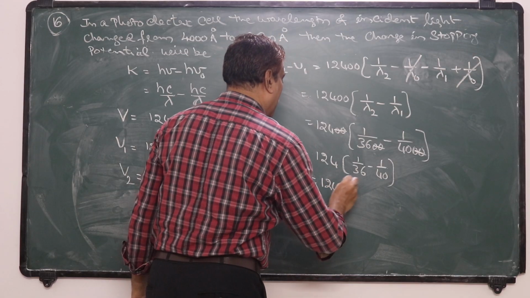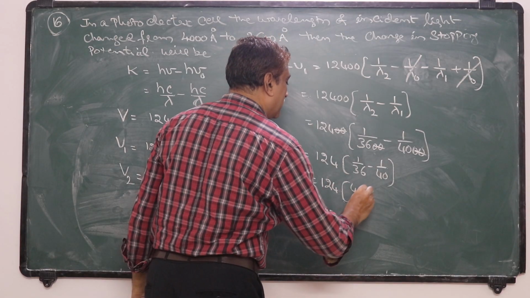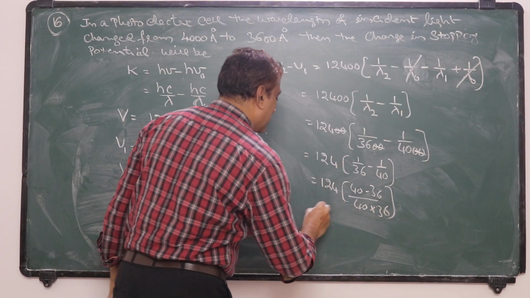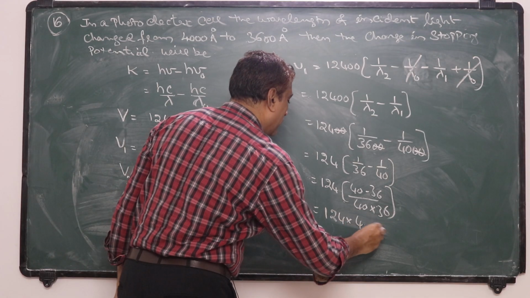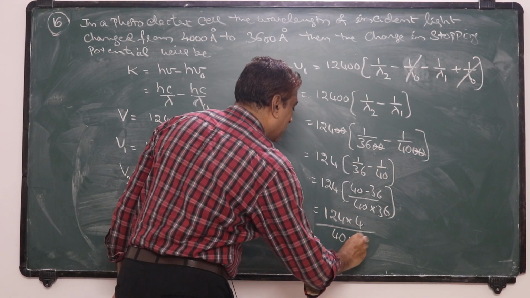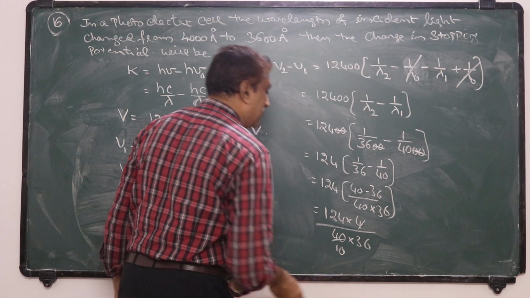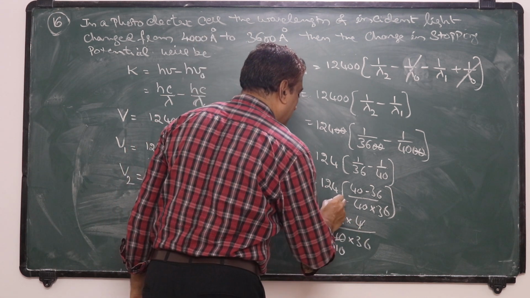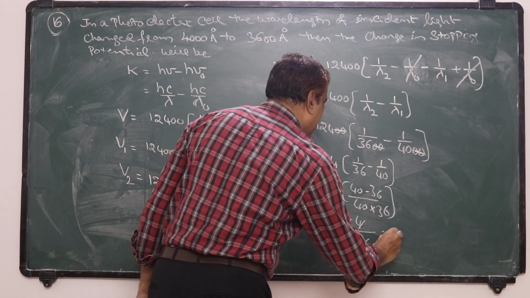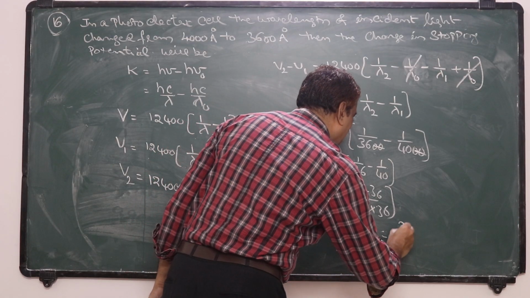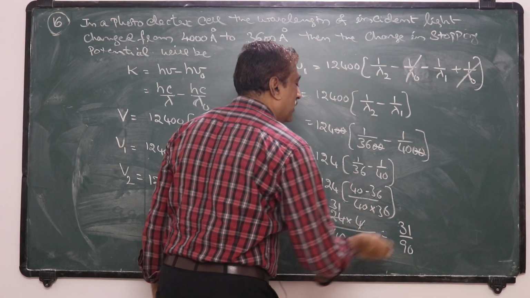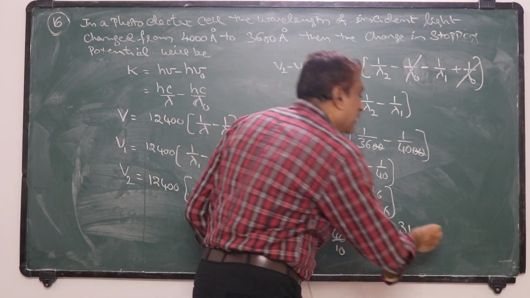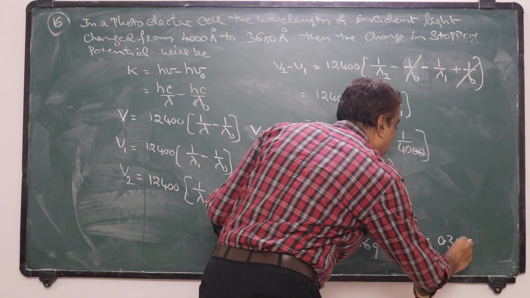That is 124 into 40 minus 36 by 40 into 36, that is 124 into 4 divided by 40 into 36. That gives 31 by 90, which is approximately, if it is 30 it is 1 by 3, that is 0.33. So we can take it as 0.34 volt.